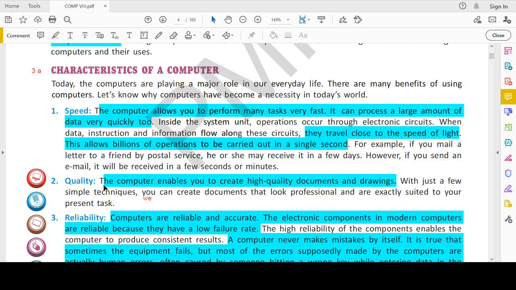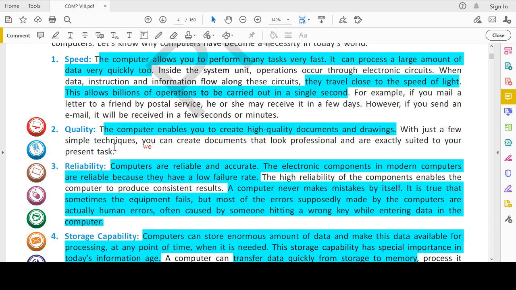Now quality. The computer enables you to create high quality documents and drawings. With just a few simple techniques, you can create documents that look professional and are exactly suited to your present task. So you know that you can create quality documents using the various softwares like MS Word, PowerPoint.